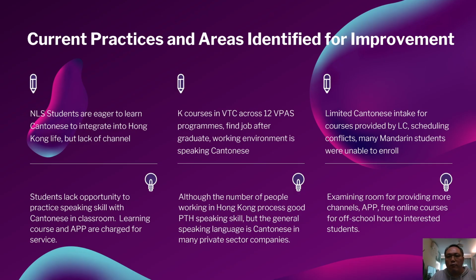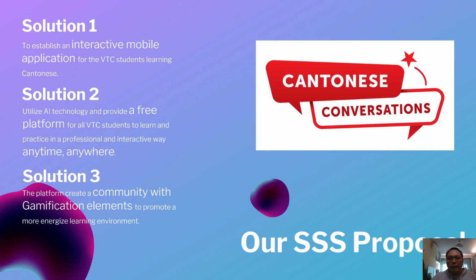Okay, so this is the background, and then for my proposed application, they are going to provide three solutions. First one is to provide an interactive mobile application for my students to learn Cantonese anytime, anywhere, and then they will provide a very cheap, a free platform for all the students that want to learn it anytime, anywhere.